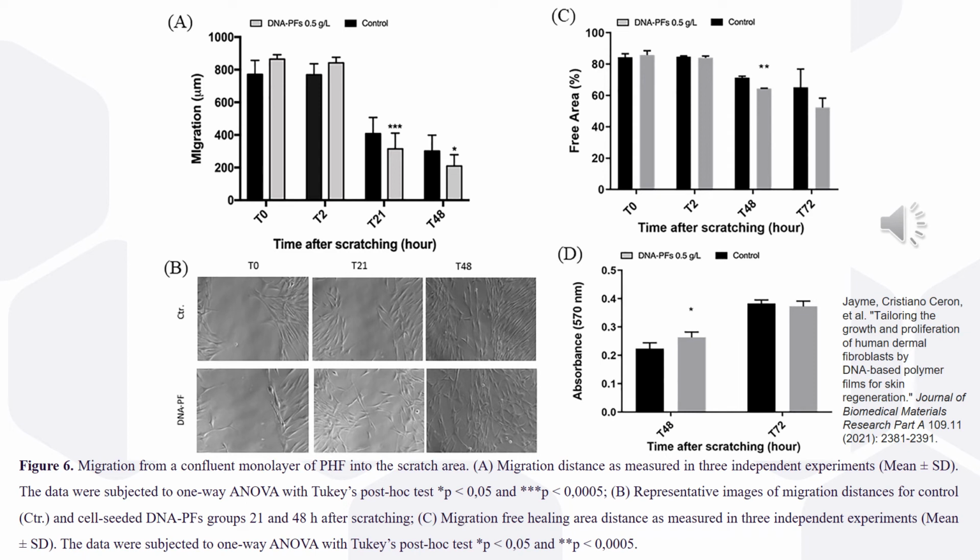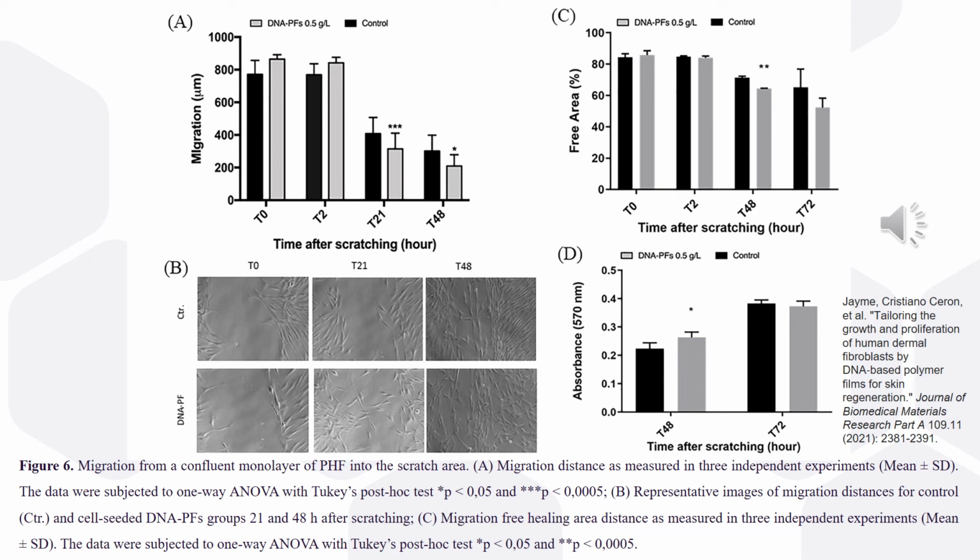Ki67 is used to see the cells in the proliferation process, and somehow the DNA can accelerate the proliferation of the cells under the polymer film compared with the control cells.